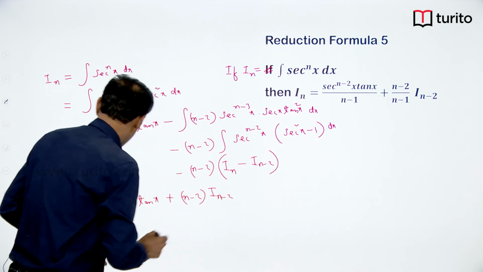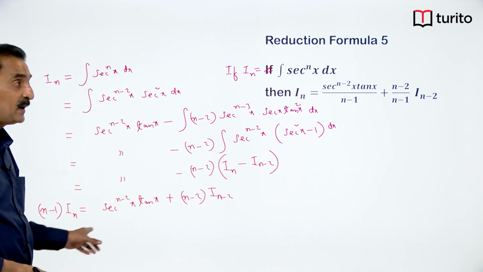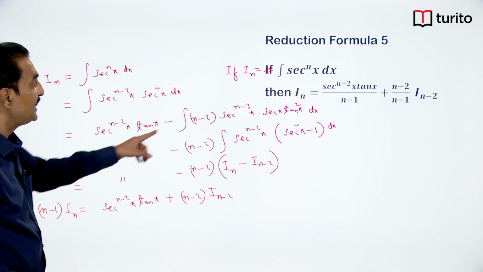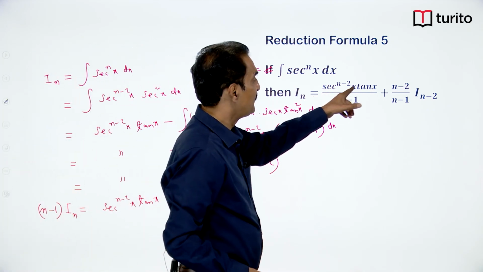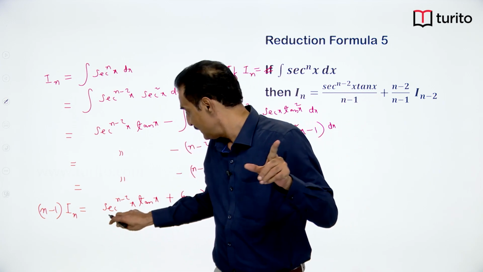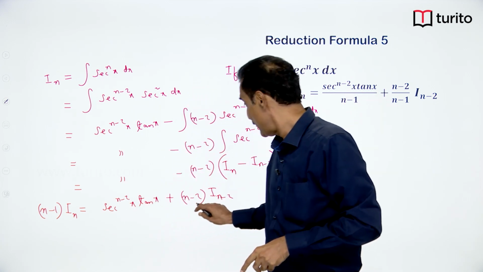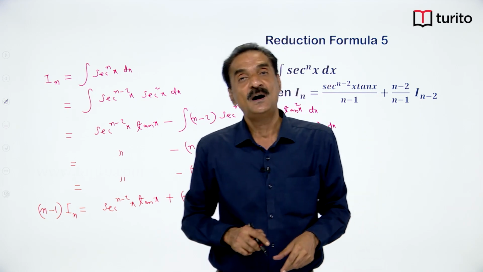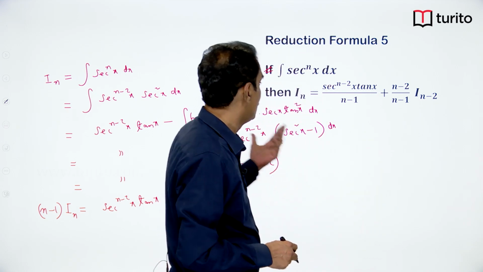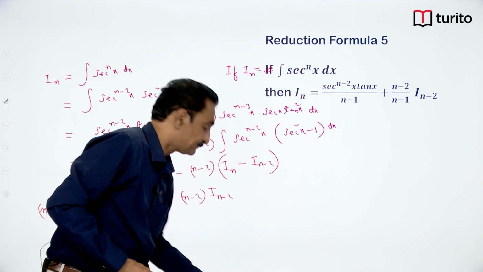Now dividing both sides by n minus 1, we get In is equal to secant power n minus 2x tan x by n minus 1 plus n minus 2 by n minus 1 into In minus 2. So the formula is proved.